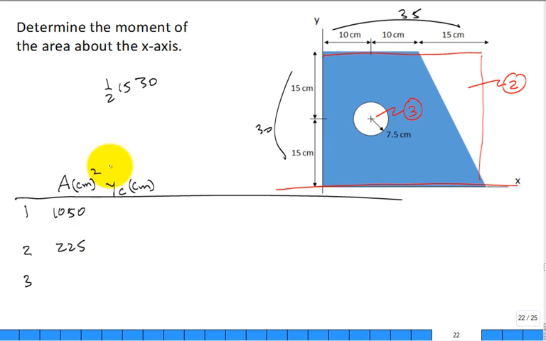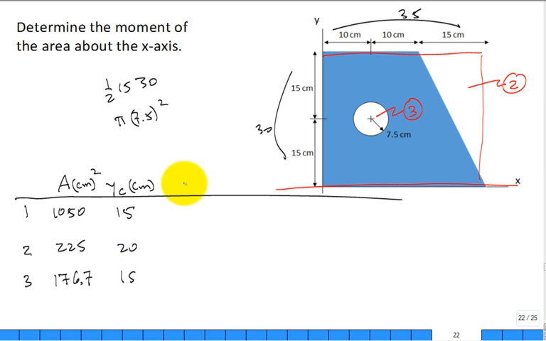And then the hole is pi r squared, r is 7.5 squared, and you pick up 176.7 something. What is the location of the centroid of each of those? 15, 20, and 15. We haven't used any negatives on areas or locations. We're going to use a negative when we get to the I's to take it out, to subtract it.